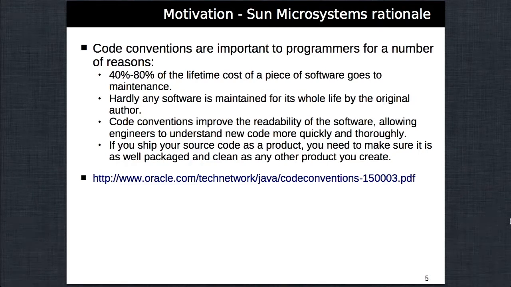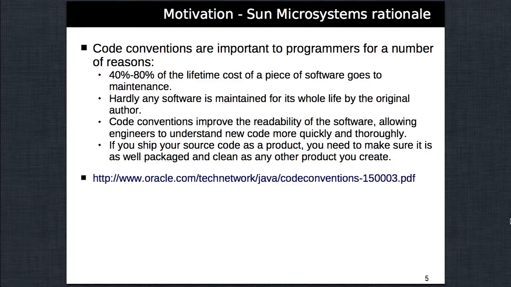And another fact is that when you write software, I think after 1 or 2 years, the main maintainer of the software just leaves or has no interest in the software anymore. So especially in open source, it's hardly ever that any software is maintained for its whole life by the original author. And they also state that code conventions improve readability.